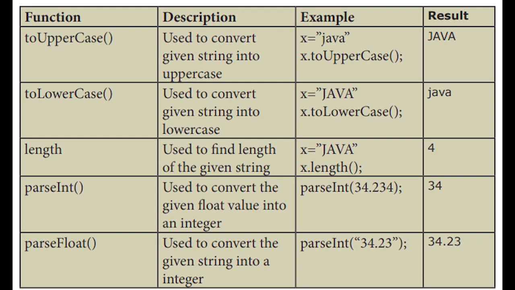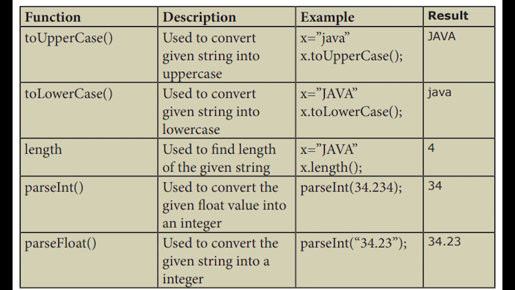If you give it in capital letters, it will change it to small letters and give you the output in small letters. Length means if you give Java, it will find the length of the given string. The length of Java is 4, right? It has 4 letters, so the length is 4.